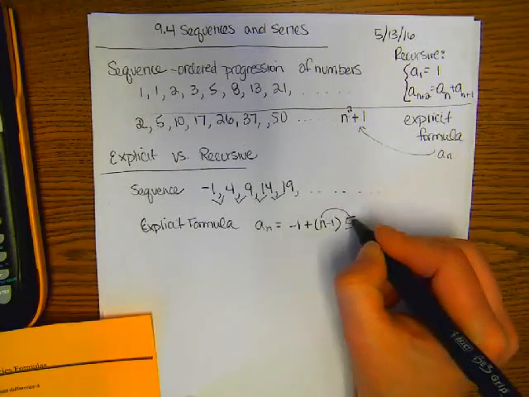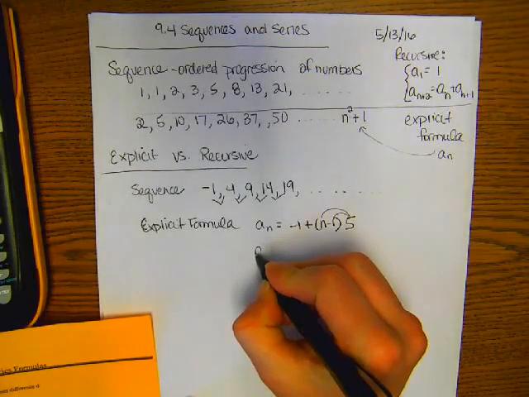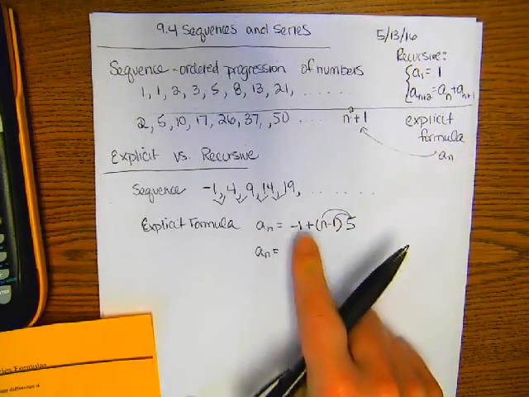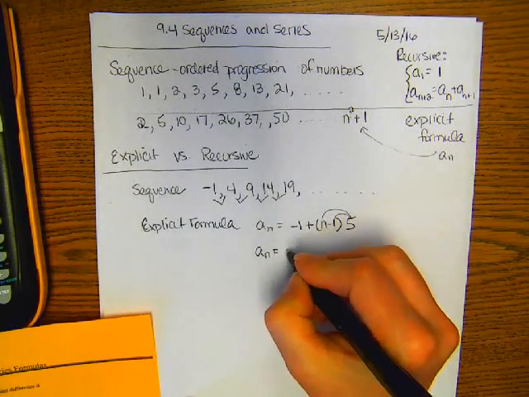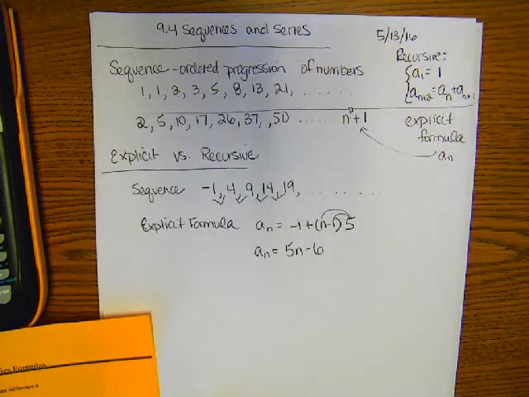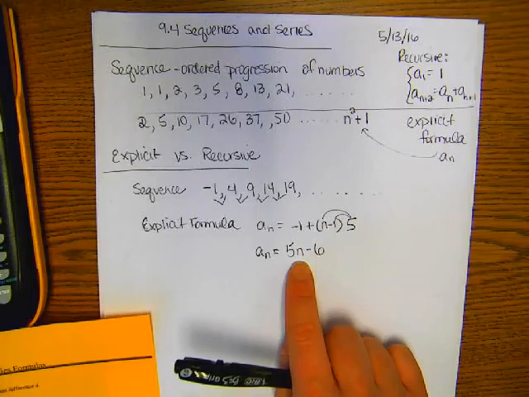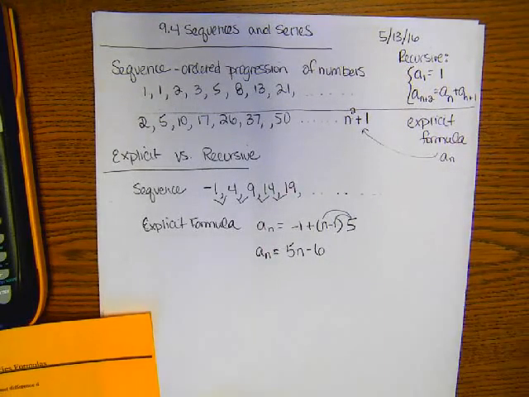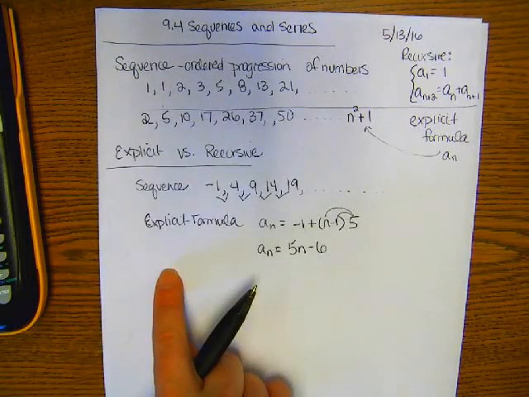And then I would simplify it. If I distribute this 5 to these things, do you see I get 5n minus 5? So I could write it then as a sub n equals, let's see, -1 plus -5, -6. So this would be 5n minus 6 if I were to distribute that and simplify it. What this tells me is, if I wanted to find the 100th term, I actually could put in 100 instead of adding 5 a bunch of times to get there. Does that make sense?